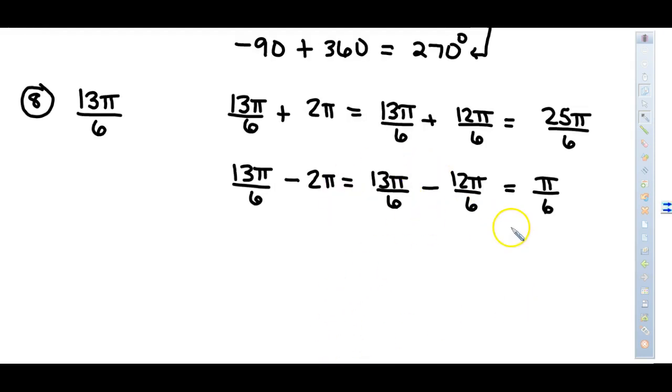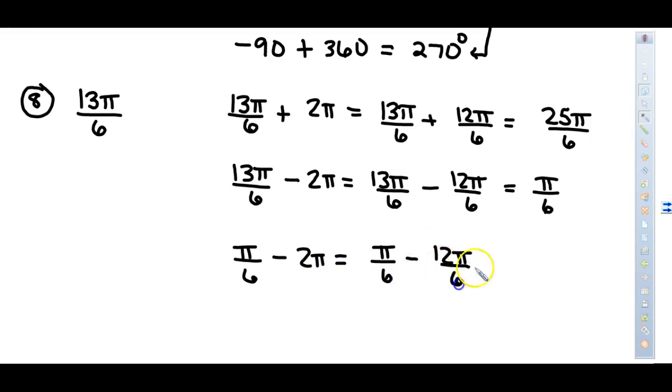So if I want to get a negative, I'm going to pick up right here with my smallest positive coterminal angle, and I'm going to subtract 2 pi again. So pi over 6 minus 12 pi over 6, and that gives me negative 11 pi over 6. So these are the two angles right here that I would be looking for.